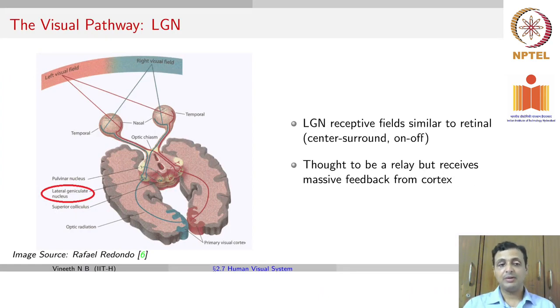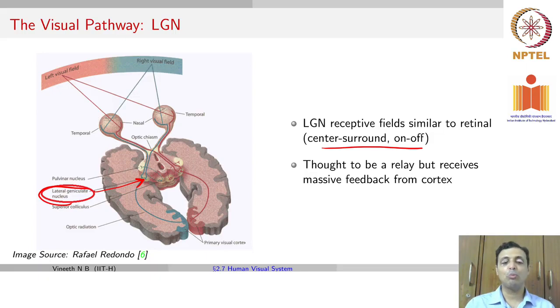As we mentioned, in the human visual system pathway, you also have a component called LGN, which lies somewhere in between. LGN also has a very similar center-surround and on-off structure to the cells in that particular region, which means there are a set of cells. While one cell could be inhibitory, it may be surrounded by excitatory cells and vice versa in that same region.